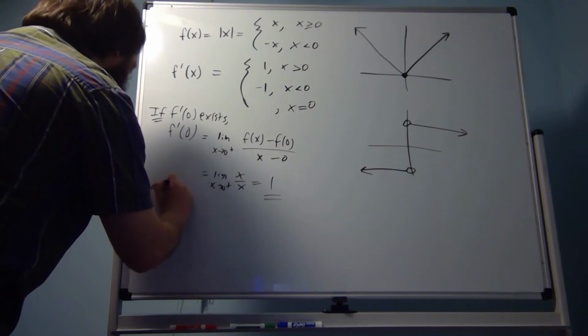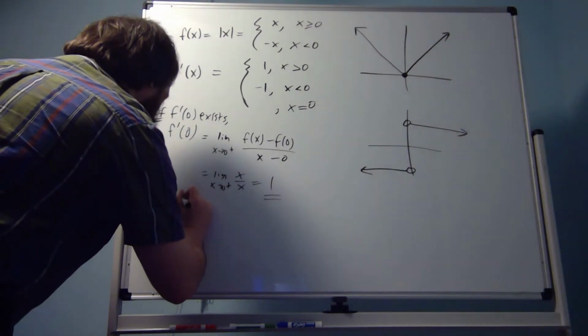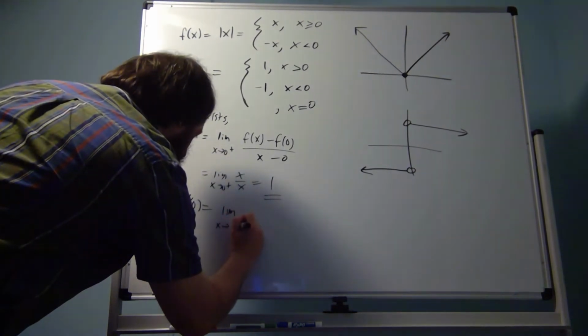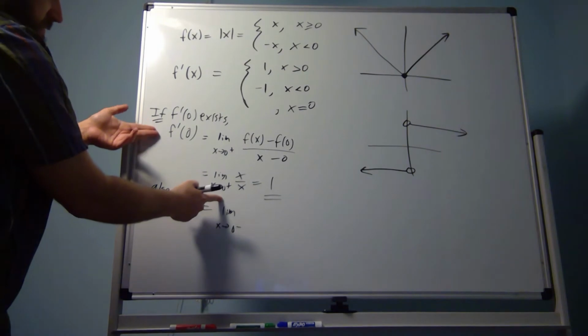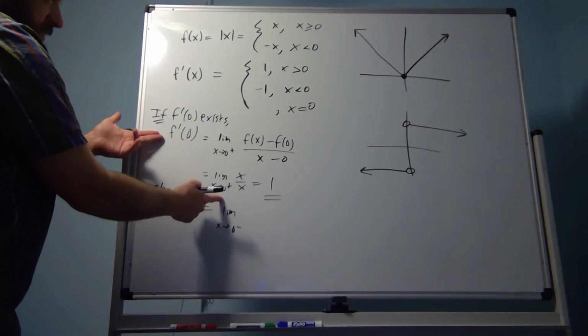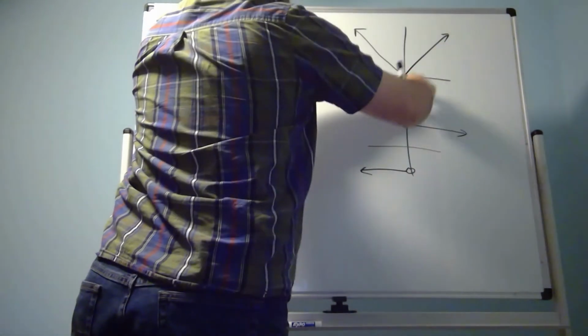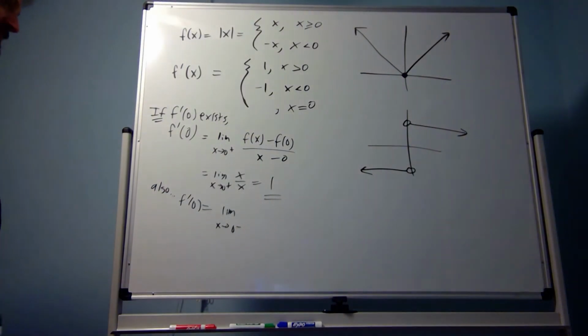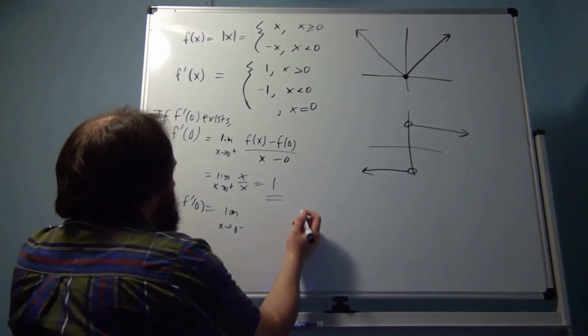So if f prime of 0 exists, if it's equal to anything, it has to be 1, because when we take the limit from the right, the slopes are all equal to 1.